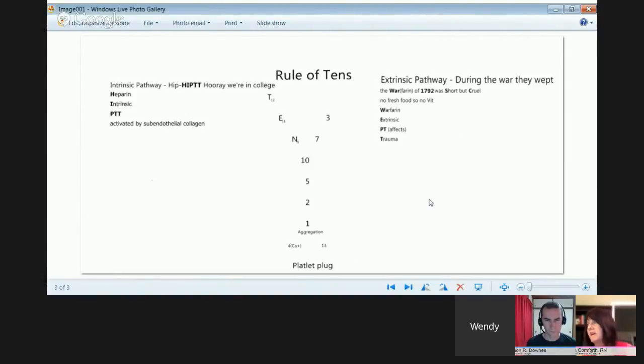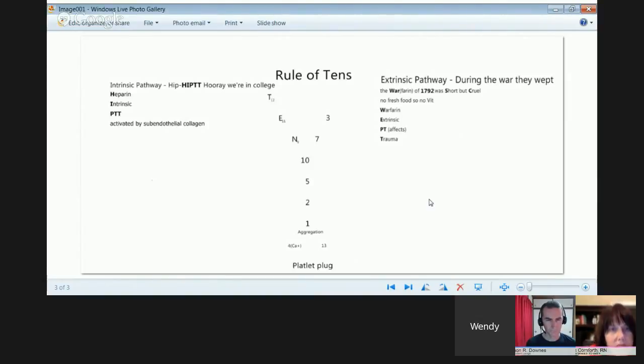No, factor 3 is actually the activated factor 7. So actually, I should have switched them so that you had 7. 7 is activated to 3, but we don't have that in any of the others. So they just got rid of 3. But you can still remember it this way, and then just know that 3 is activated 7.